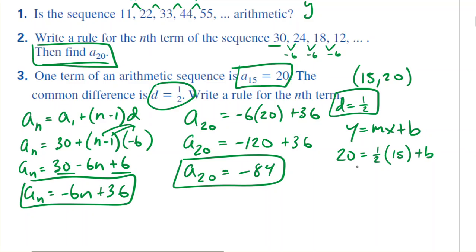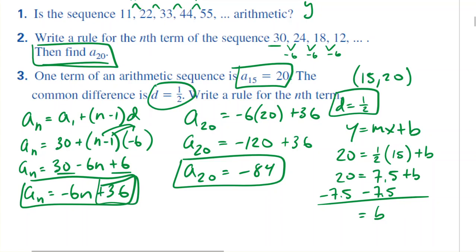So what is half of 15? 20 equals 7.5 plus b. Subtract 7.5 from both sides, so we get our y-intercept, which is the same as this over here. So our y-intercept is negative 12.5.